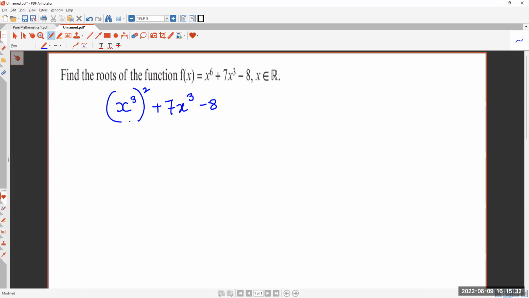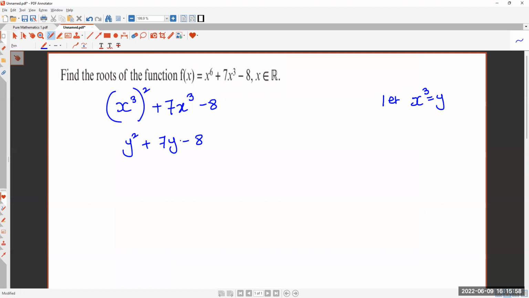So can you see this actually looks like a quadratic equation. If I write it this way, let x cube be, for example, y. So y square plus 7y minus 8. It looks like a quadratic equation to you?